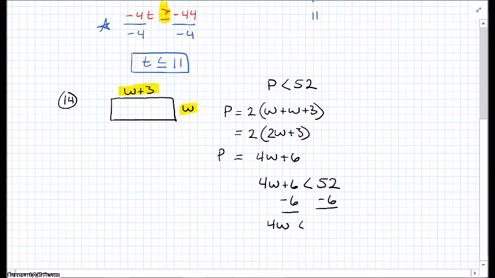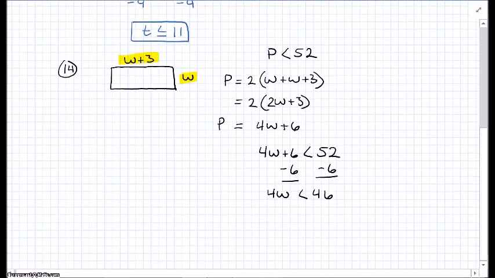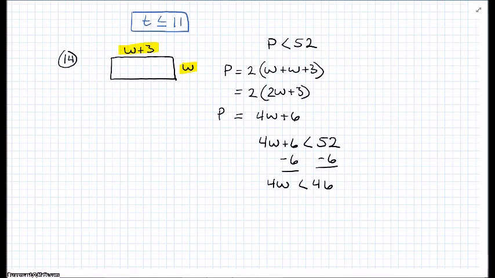I get 4w less than 46. Divide each side by 4. There's no negative, so w is less than 11.5 inches.